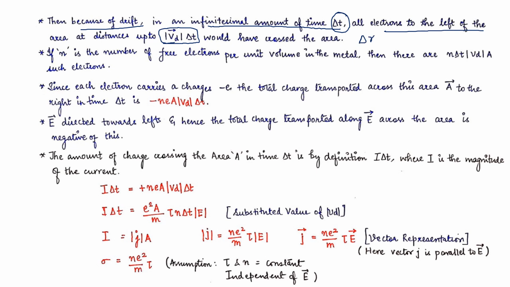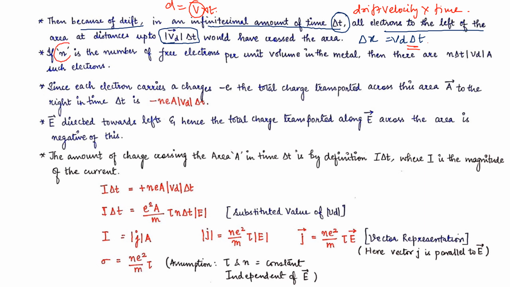Now, why is del x equals Vd into del t taken? Distance is always given as speed into time. So here the speed is the drift velocity and the time is del t. That's why the equation came del x equals Vd into del t.